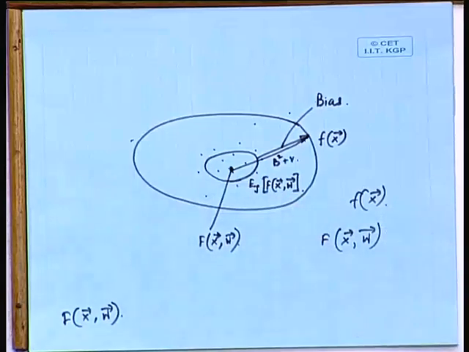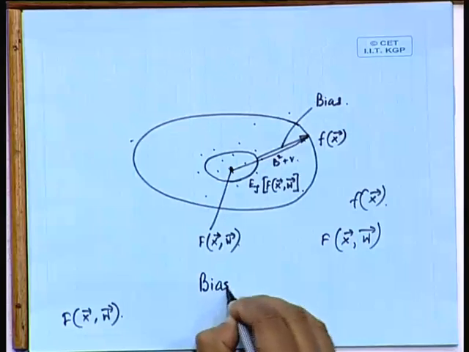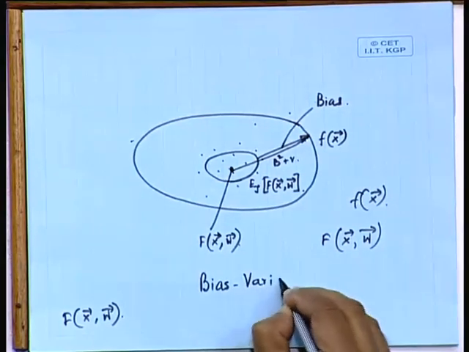So, maybe the averaged E t of this f x w that we get may be very close to f x, no doubt, but with such few points, our variance will be excessively large. On the other hand, if we try to make the variance small, then the bias also may be large. So, this aspect is called as a bias variance dilemma.